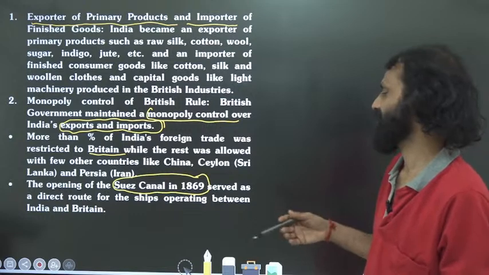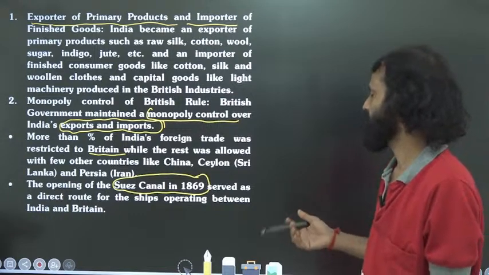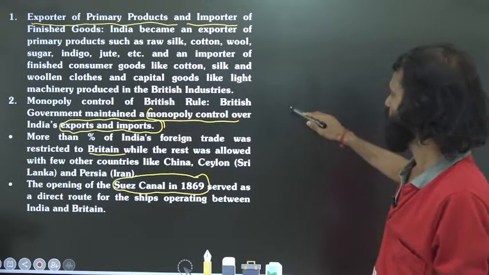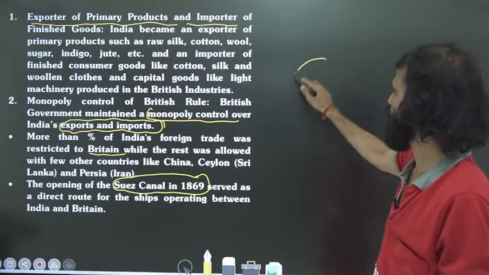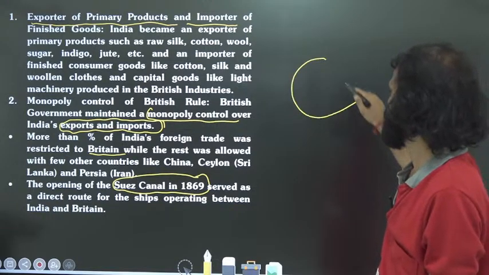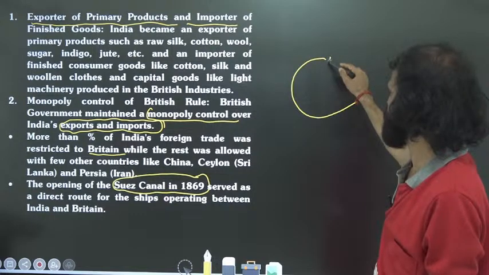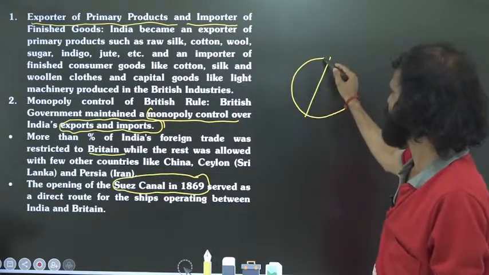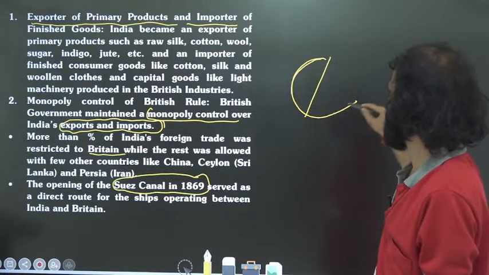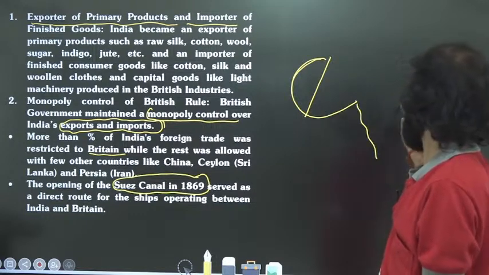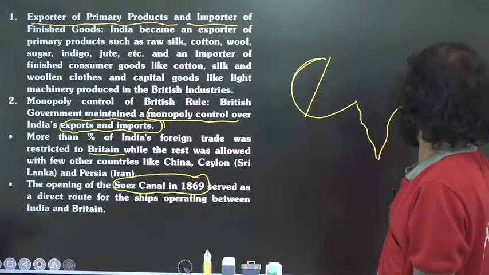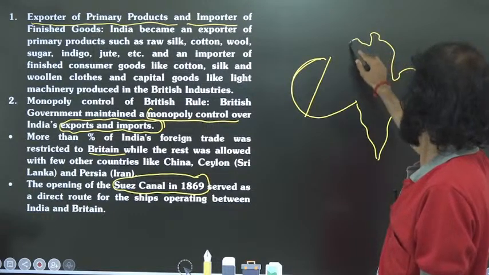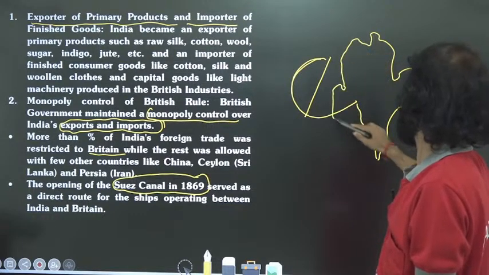Britain could save more money. Before, they had to make a long journey to reach India, but after the opening of the Suez Canal, they could save half the way. Before, they were coming around like this, and India was here.